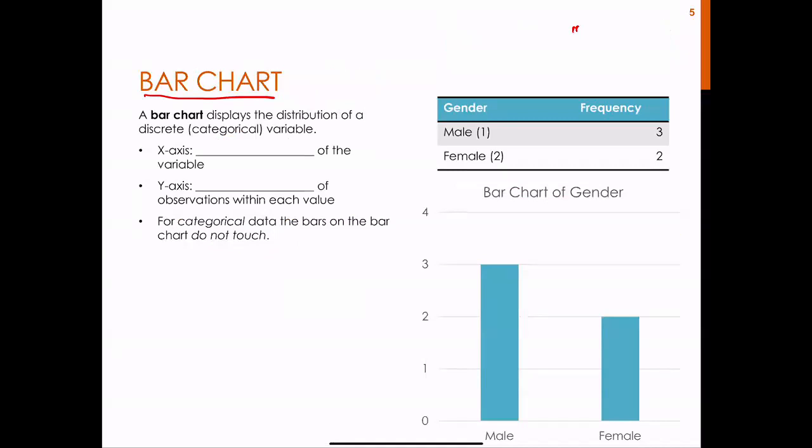On the x-axis here, we can see the different levels of our variable gender: male and female. Male had a frequency of 3 based on our frequency table, so here is the 3.